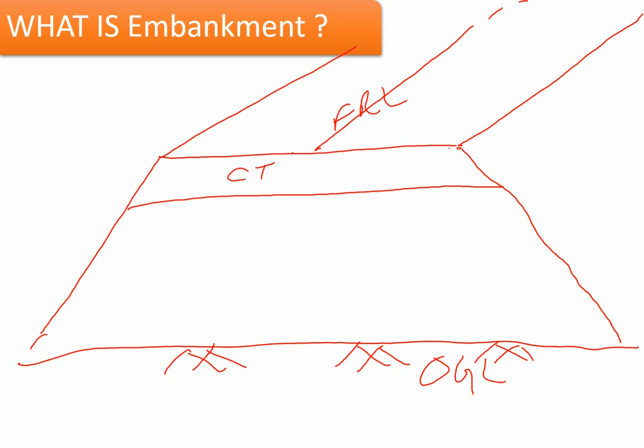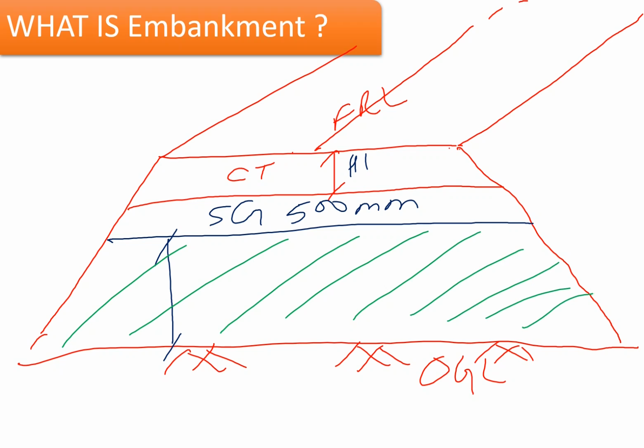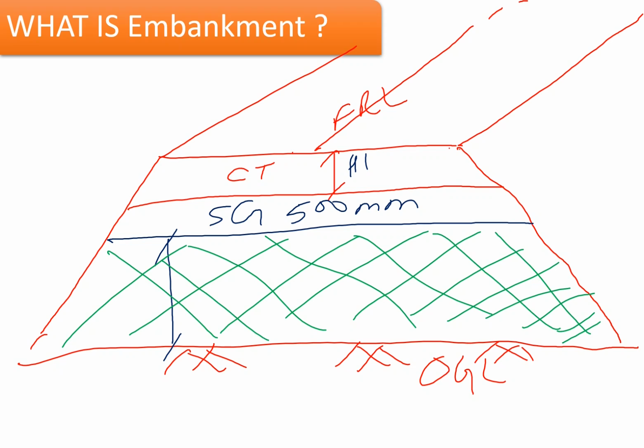Say H1, and then you have a subgrade, which is generally 500 millimeters thick. The remaining portion, highlighted in a different color in the figure, is basically your embankment, which is constructed in layers starting from the bottom.